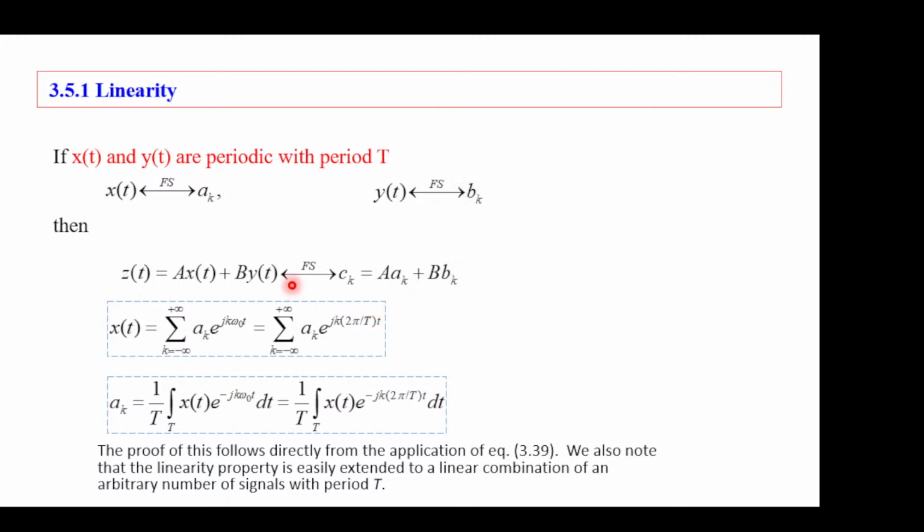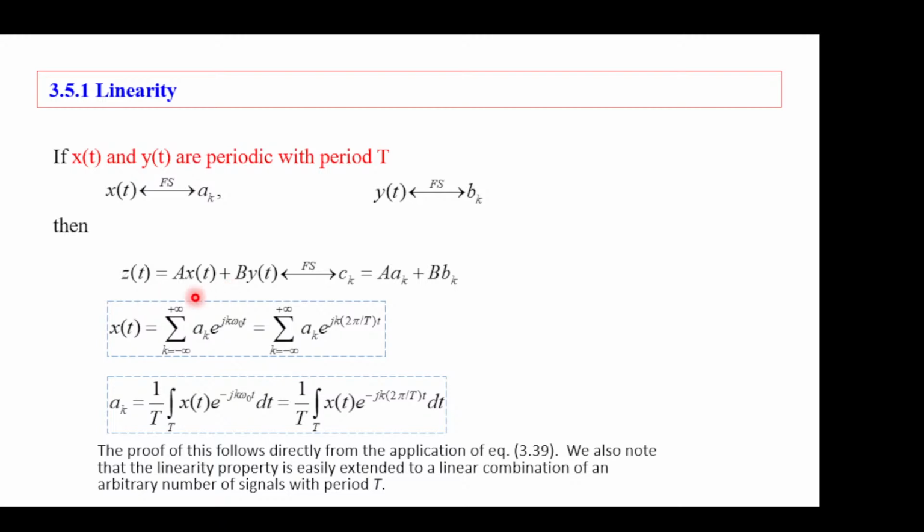Yeah? So it's nice, and this works both ways. If z is a linear combination of x and y, then c will be the same linear combination of a and b. And also, if c is a linear combination of a and b, then you can go the other way back and get that z is a linear combination of the same x and y. So this transformation is linear. That's very nice.